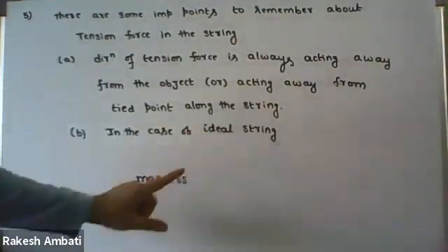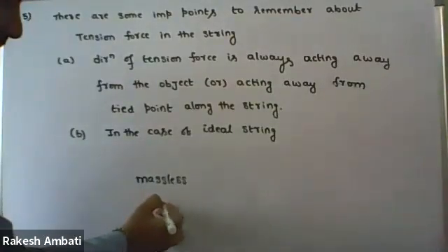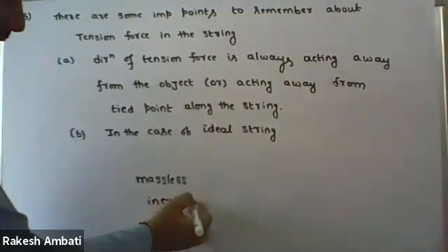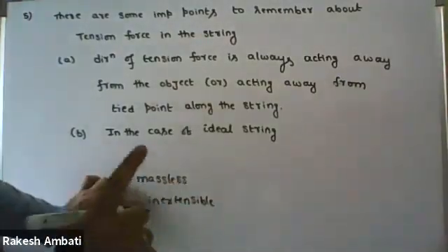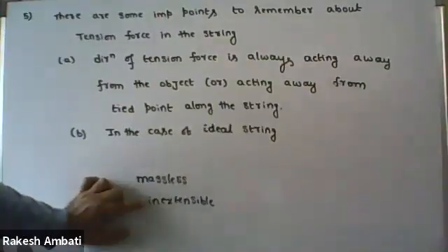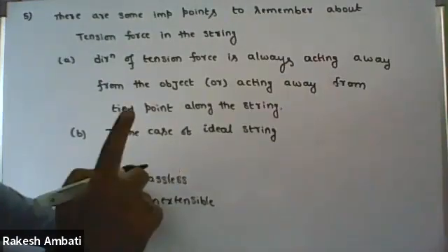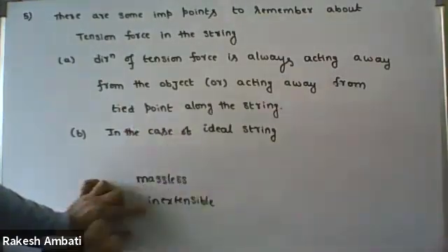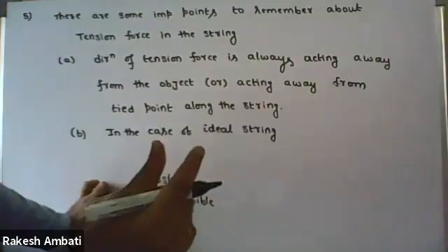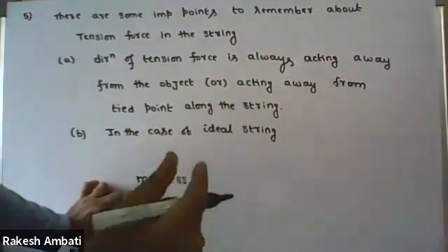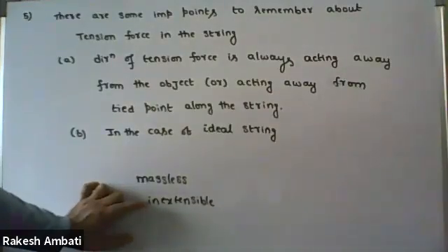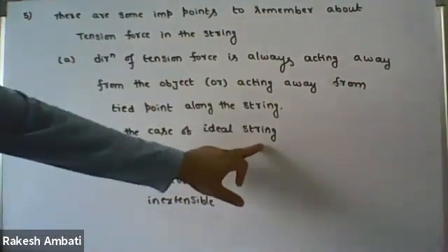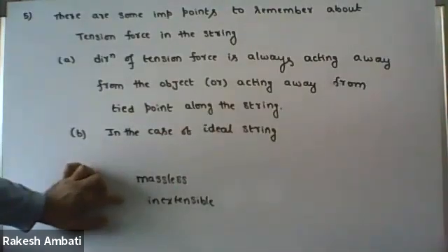Inextensible means that the total length of the string is always constant. The distance between any two points is always constant. So ideal string means a massless and inextensible string.